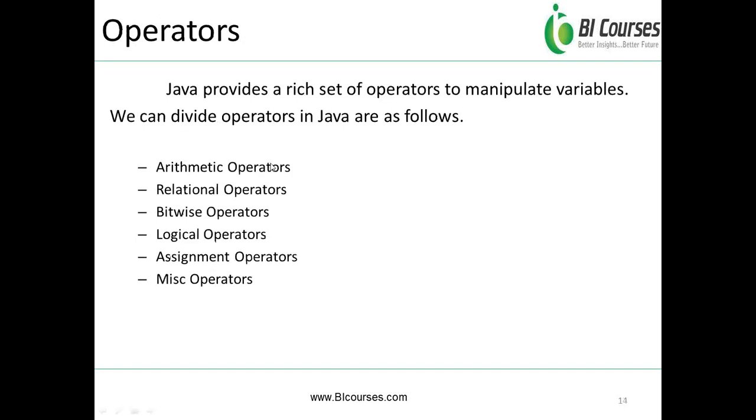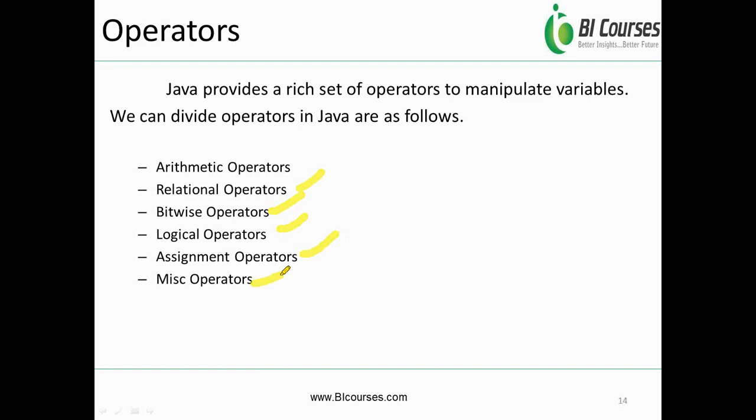Next one, operators. Java provides a rich set of operators to manipulate variables. There are multiple operators in Java: arithmetic operators, relational operators, bitwise operators, logical operators, assignment operators, and miscellaneous operators.